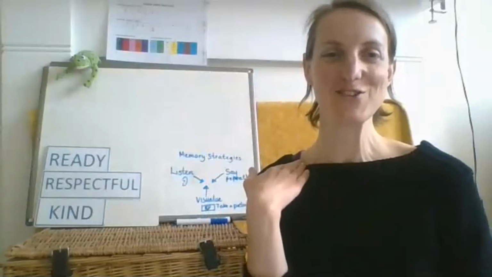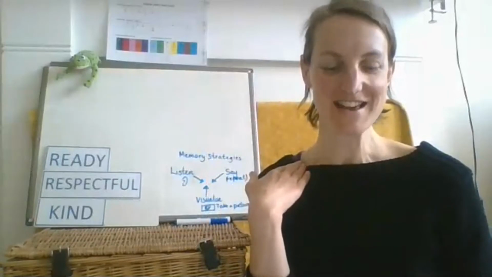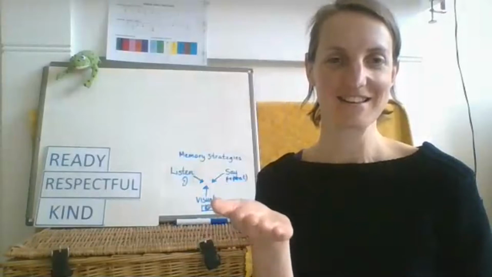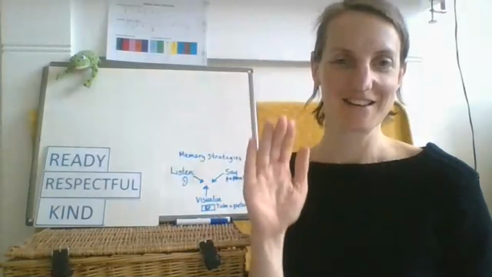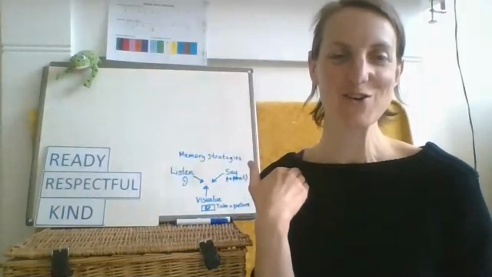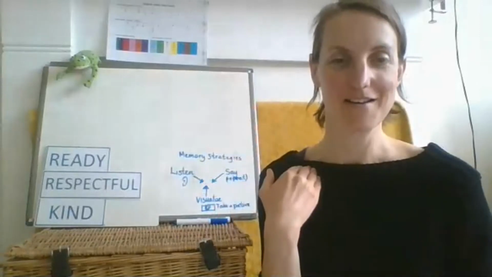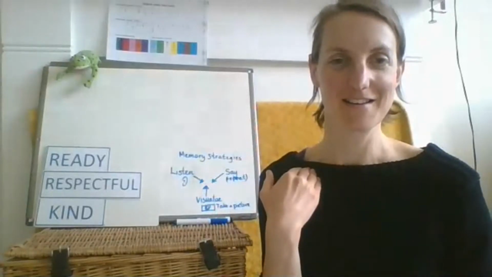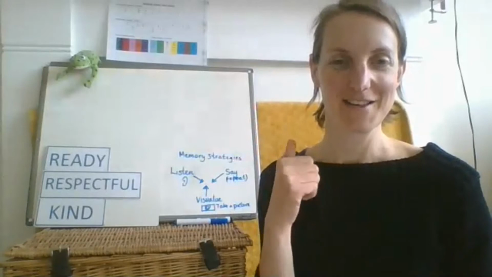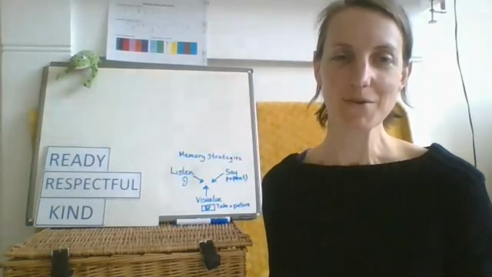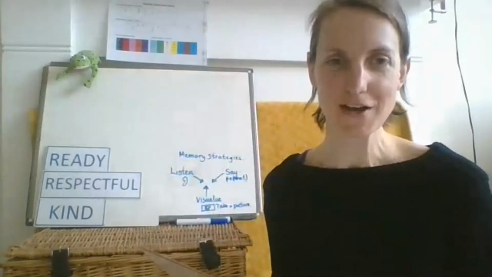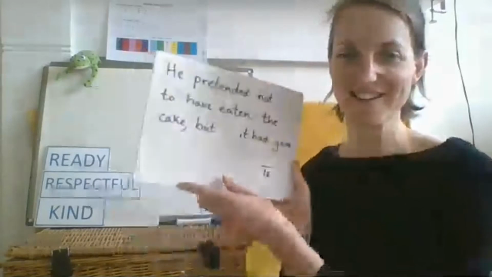He pretended not to have eaten the cake. He pretended not to have eaten the cake, comma. Good. Now remember, we're not going to write comma, it's just the comma that's there.